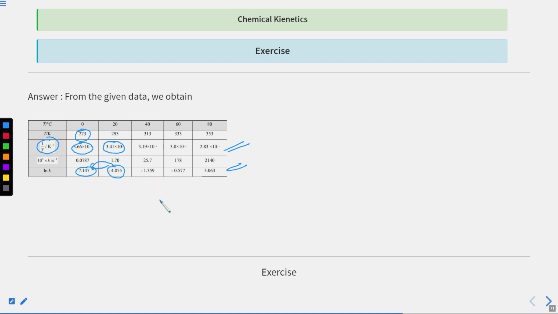That gives you the slope, which is nothing but minus EA by R. Suppose this value, upon subtracting and dividing, gives you Y. Then your EA will be minus Y into R. Got it?